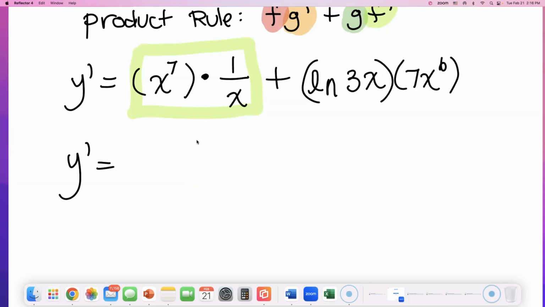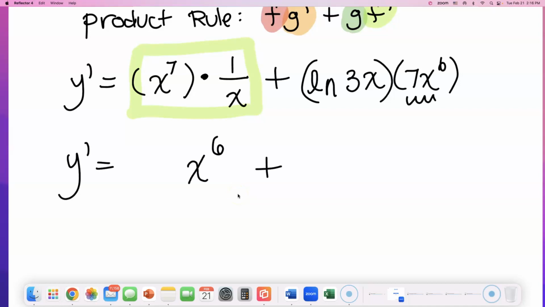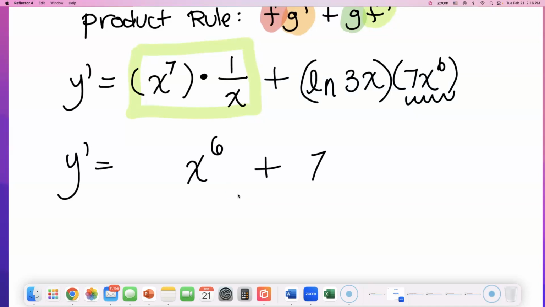So that green boxed expression turns into x to the 6th power. And I'll write this one first in the front. I have 7x to the 6th times natural log of 3x.